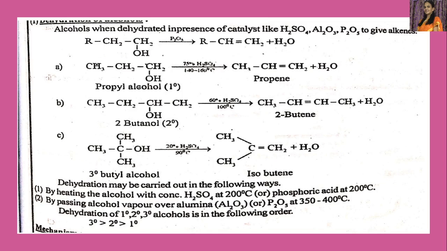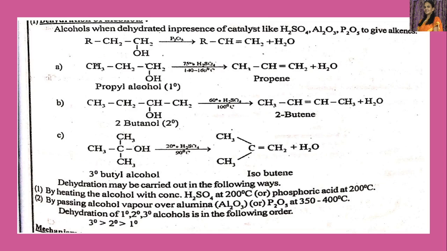What is a secondary carbon? A carbon which is attached to two other carbons. You can see this carbon is attached to these two carbons. Therefore, it is a secondary alcohol. So the example for a secondary alcohol is 2-butanol.